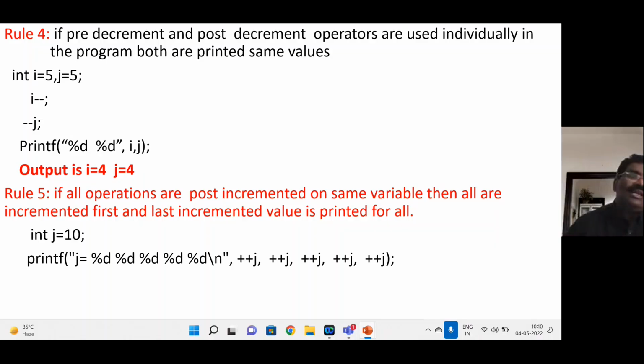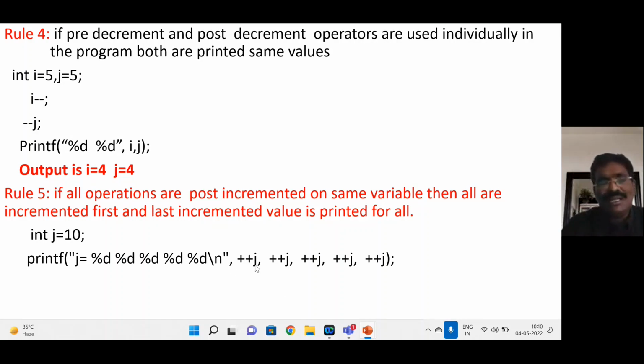For example, here int i = j = 10. So printf j = %d, %d, %d, %d, like this. But here these operators are associated from right to left. The evaluation of increment and decrement operators will be done from right to left, right?